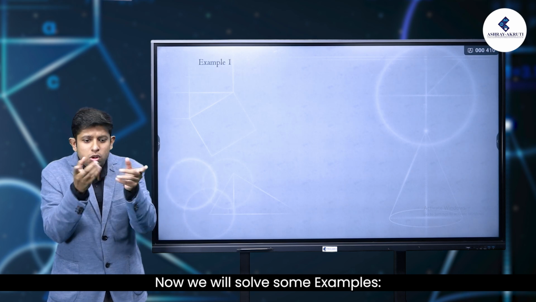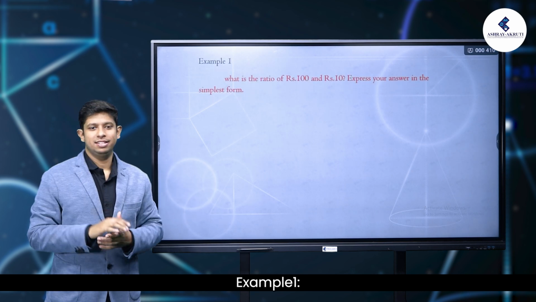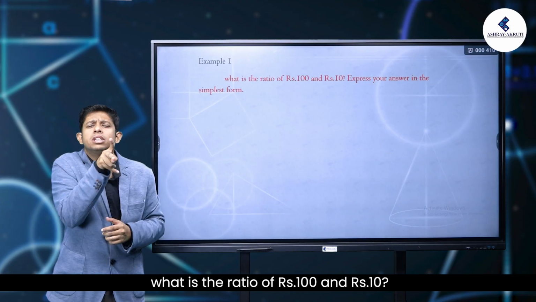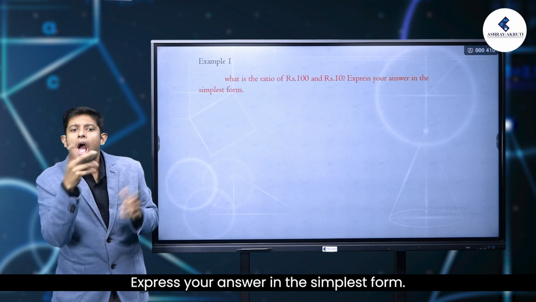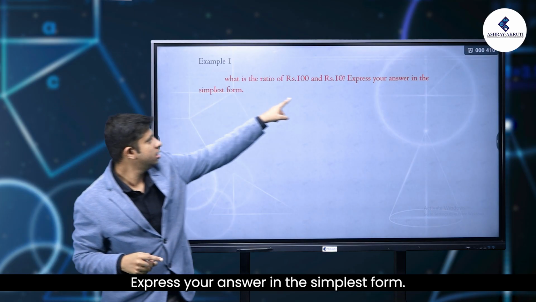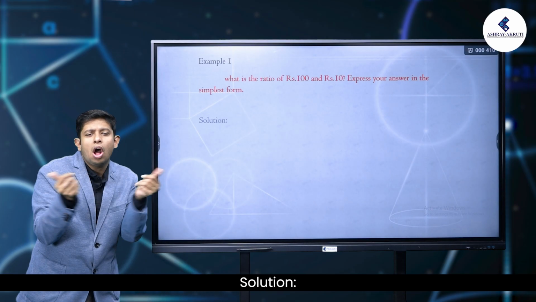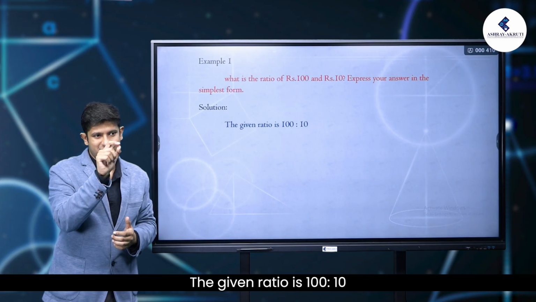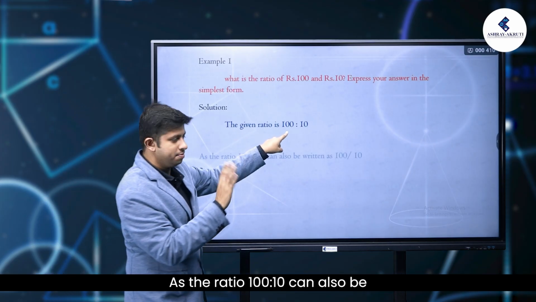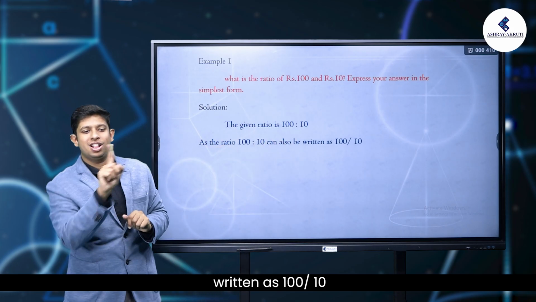Now we will solve some examples. Example 1. What is the ratio of ₹100 and ₹10? Express your answer in the simplest form. Solution. The given ratio is 100:10. As the ratio 100:10 can also be written as 100/10.